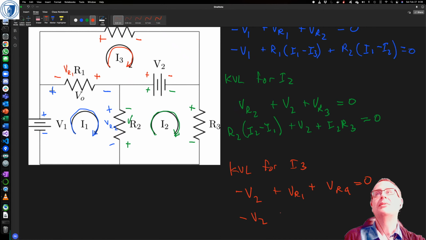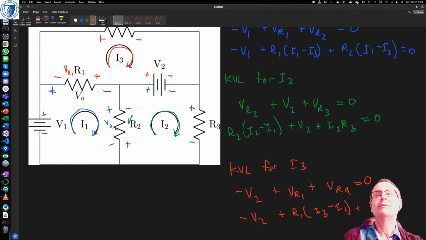And then plus VR1, from the perspective of I3, the voltage across R1 is I3 minus I1 times R1.